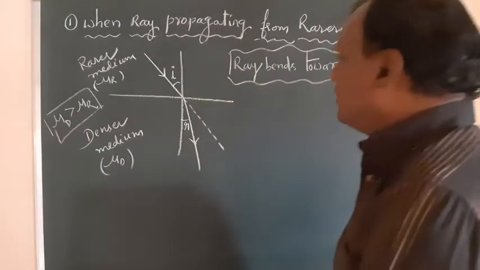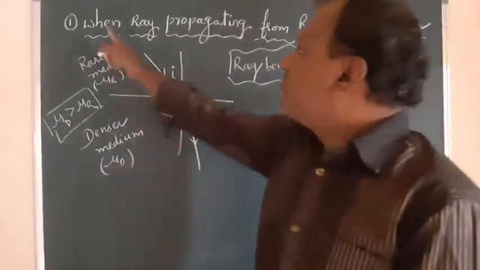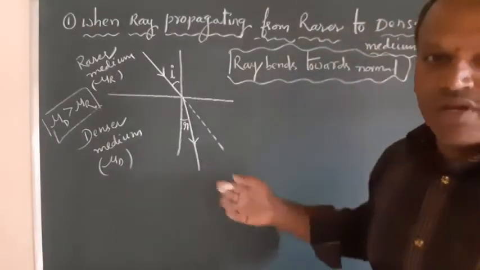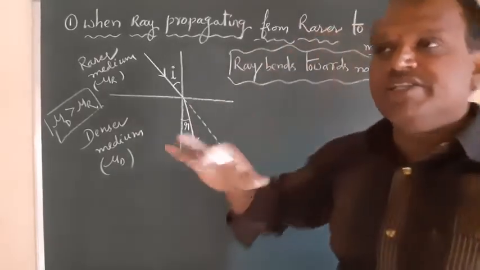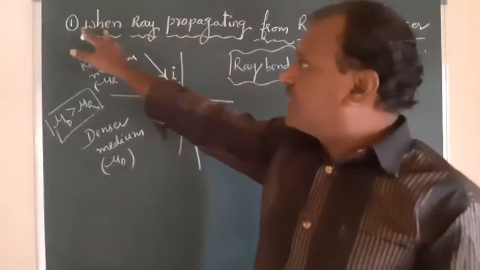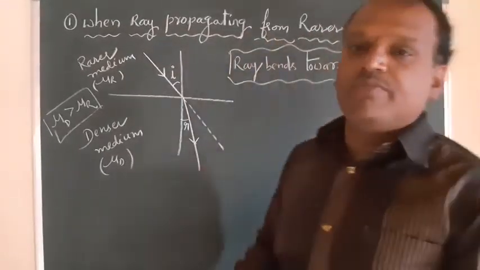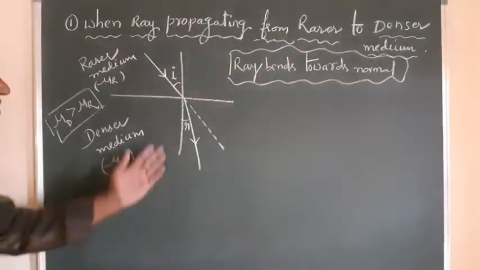Now, if it is reversed, that is the second case, when the ray of light is propagating from denser to rarer medium. Reverse case: here in the first case we have seen rarer to denser medium. Now we are taking the condition that when the ray of light is propagating from denser to rarer medium, which side can it be bent? Automatically it is the reverse of the first case.